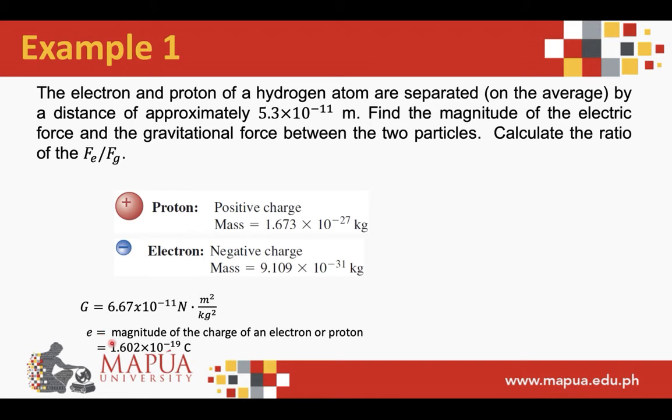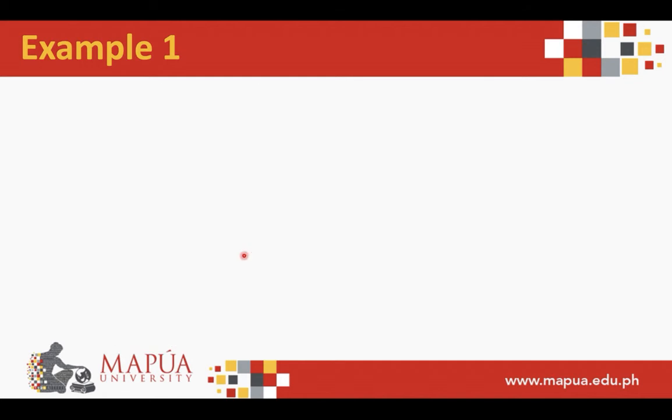The charge for each electron or proton is 1.602 times 10 to the negative 19 coulombs, and the constant k is 8.988 times 10 to the 9 newton meter squared per coulomb squared.